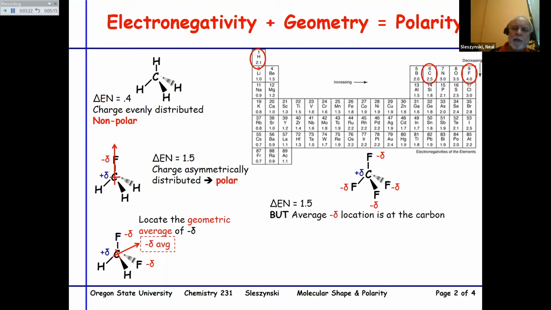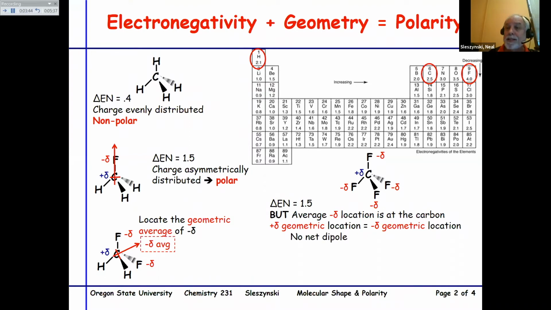But in this particular molecule, if we average the geometric position of each of those partial negative charges, we will find that the location of the positive charge exactly matches the location of the average negative charges. And the molecule has no net dipole.